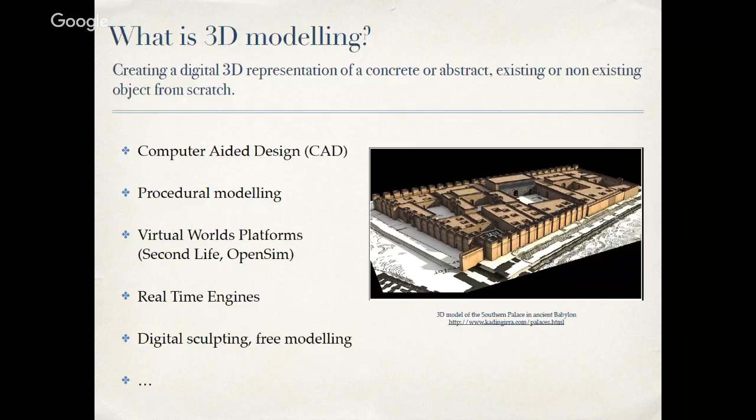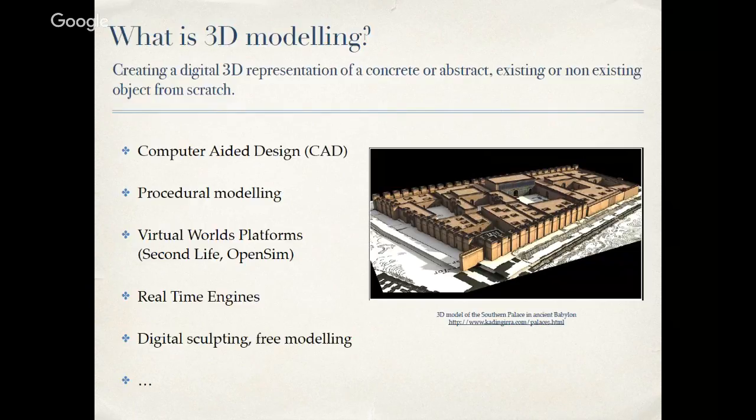But we also have other options, like, for example, we could use virtual worlds platforms like Second Life to build digital representations of buildings or other objects of interest. We have game engines that can allow us to both make interactive the models that we created in a CAD software, or build some of the elements from scratch as well.